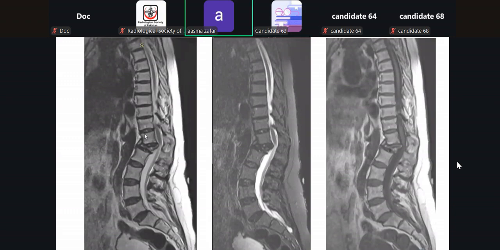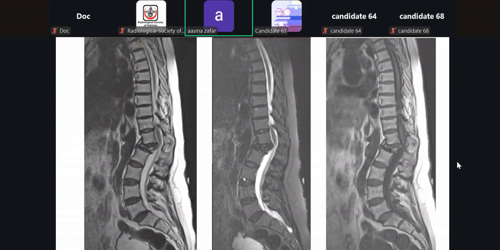Okay. So yes, you were right. You couldn't evaluate the posterior elements because axials have not been given. Is it acute or chronic? Acute. Which sequence is this? This is T2 fat sat, STIR. This is T2, this is T1.